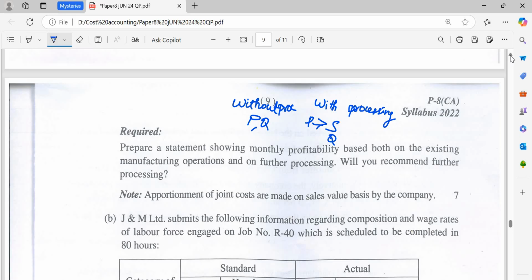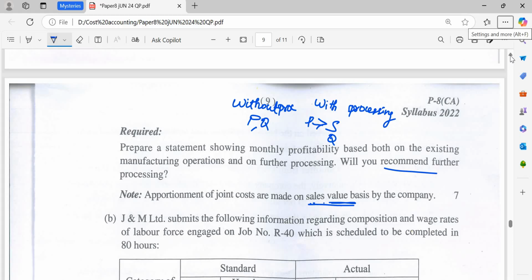Based on this we need to recommend further processing. Joint cost apportionment is made on sales value. This point needs to be noted.